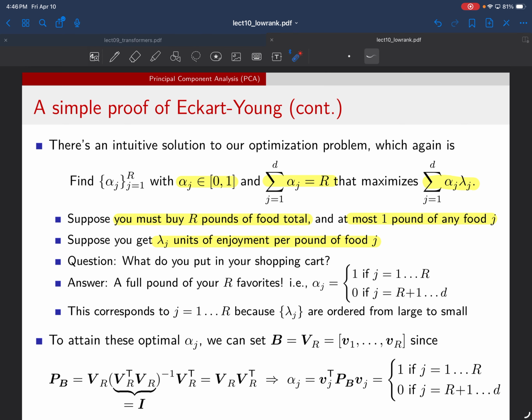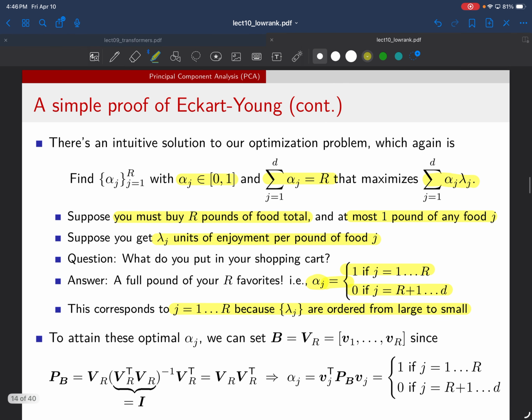So in terms of your alpha j's, remember j is sorted from large to small, like your enjoyment goes from large to small. So for j equals 1 through R, alpha j is 1, and then for the remaining j, you're not going to buy any of that food that you don't like.